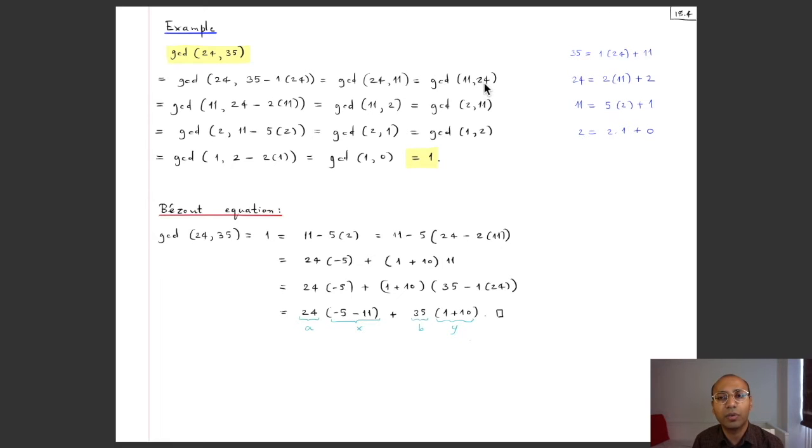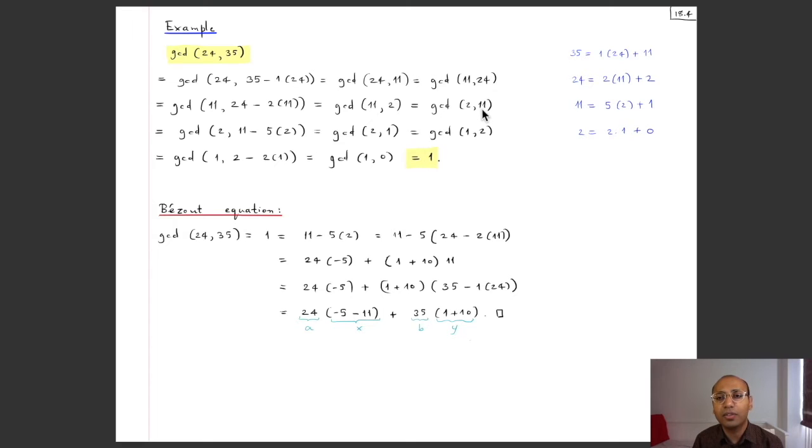So I will now divide this 24 by 11, and then I get this quotient 2 and the remainder 2. And then to this 24 I will add this multiple of 11 with a minus sign, so then the GCD does not change, but 24 minus 2 times 11 is just this remainder 2. And then I'll swap the two entries so that this bigger number is second.